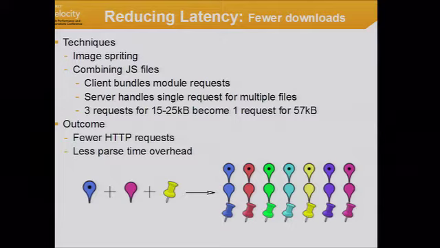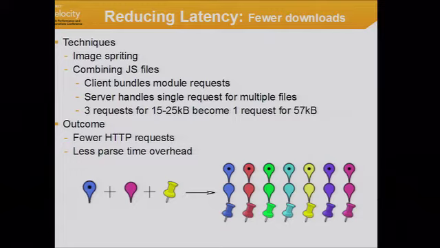We also were already spriting all of our images. And we try to combine our JavaScript files where possible. So we have a delay-loaded module system, and as functionality is required, the module for it is downloaded. But we saw that there's that huge overhead in parsing and executing each individual request.